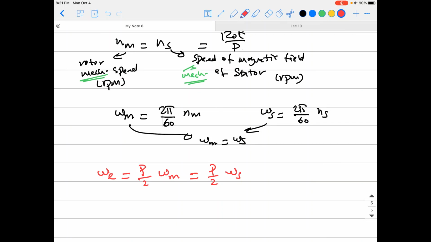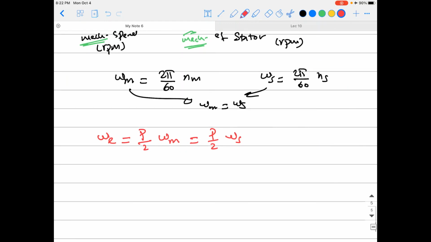Okay, guys? Or omega M, whatever you want to call it. That is omega E, and omega E is the electrical speed. What do I mean by this?